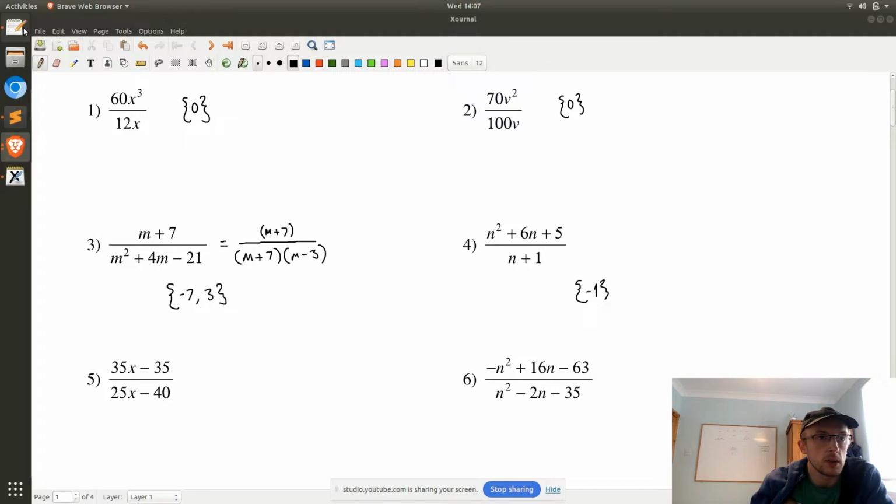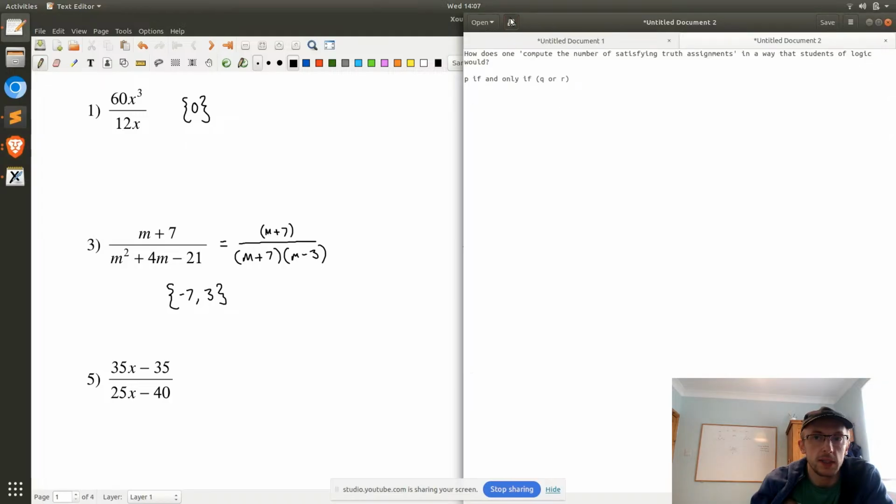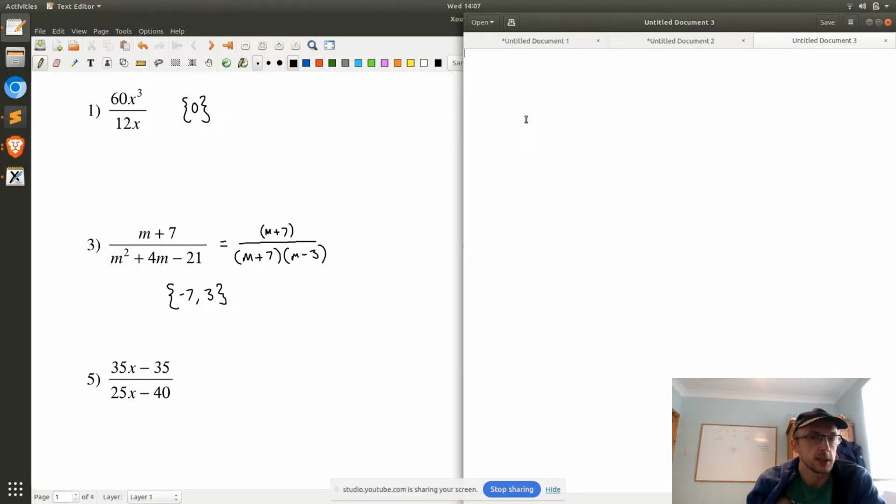Now, I want to know what the relevant terminology is. Suppose someone has the rational expression (m + 7) over (m squared + 4m - 21).